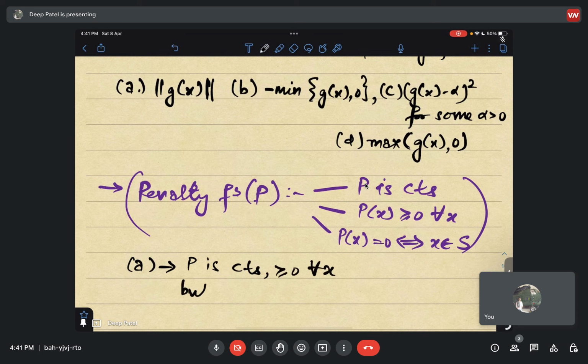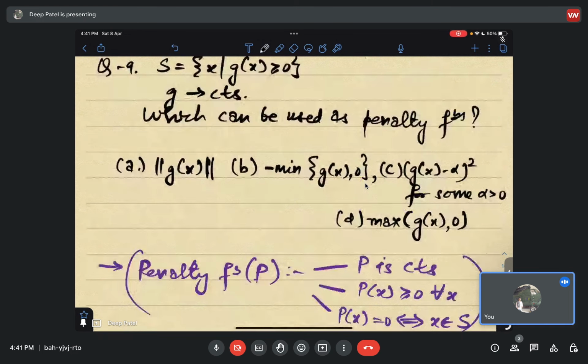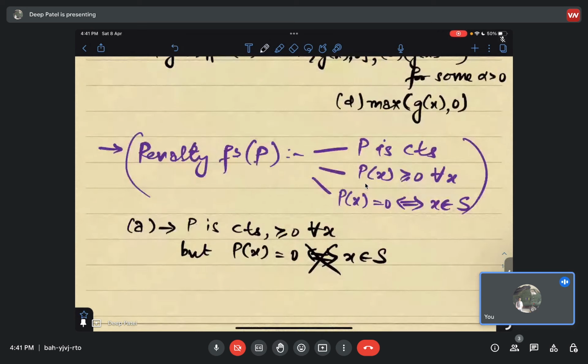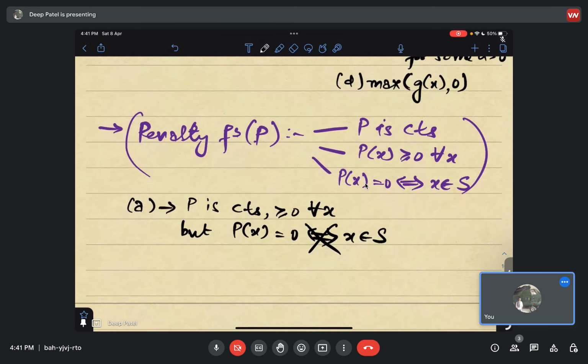Yeah, this is continuous. But the third condition is violated, because even if x is in the feasible set, g(x) can still be non-zero, in which case the norm can be non-zero. So A doesn't make the cut.